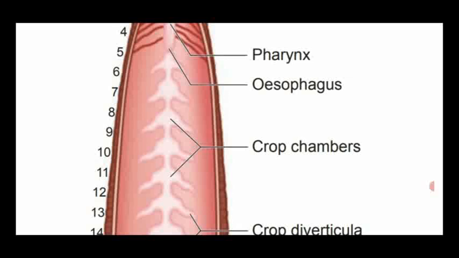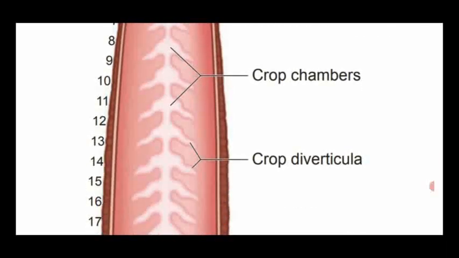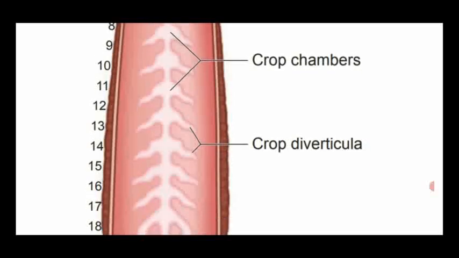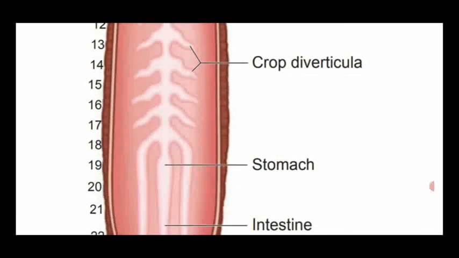Each chamber has a laterally arranged structure directed backward, called the caecum or crop diverticula, which stores a large amount of blood. The blood is digested later. Then this crop diverticula opens into the small stomach.